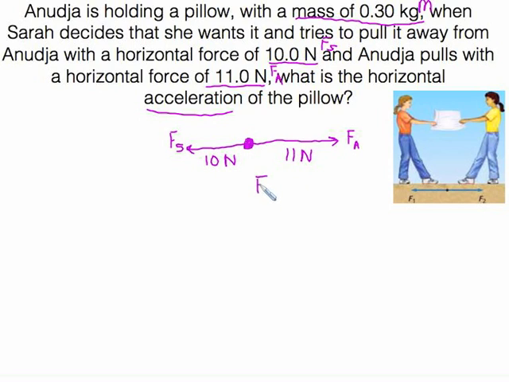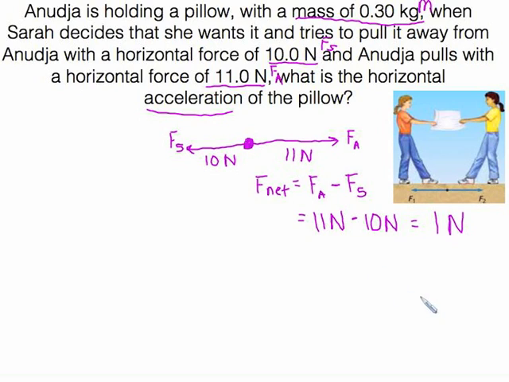So the net force acting on this pillow is Anuja's force of 11 minus Sarah's force of 10. So we have 11 newtons minus 10 newtons, and that's going to give you 1 newton. So that's your net force.